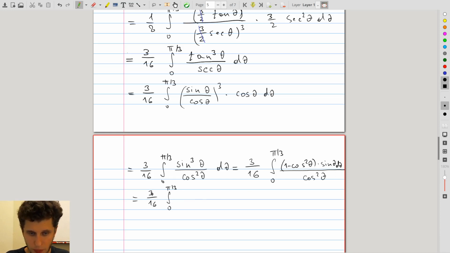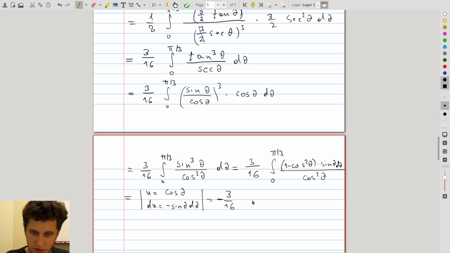Now I'm ready to actually introduce the u. I will let u be cosine theta, and then du is of course minus sine theta d theta, so that's almost exactly what I have here, up to the minus sign. And then I'll have minus 3 over 16 integral from 1 to 1/2.